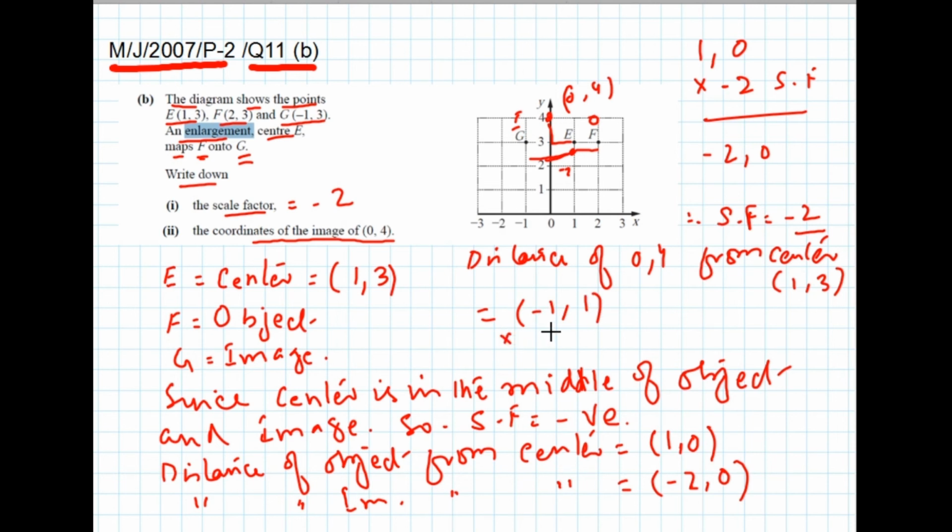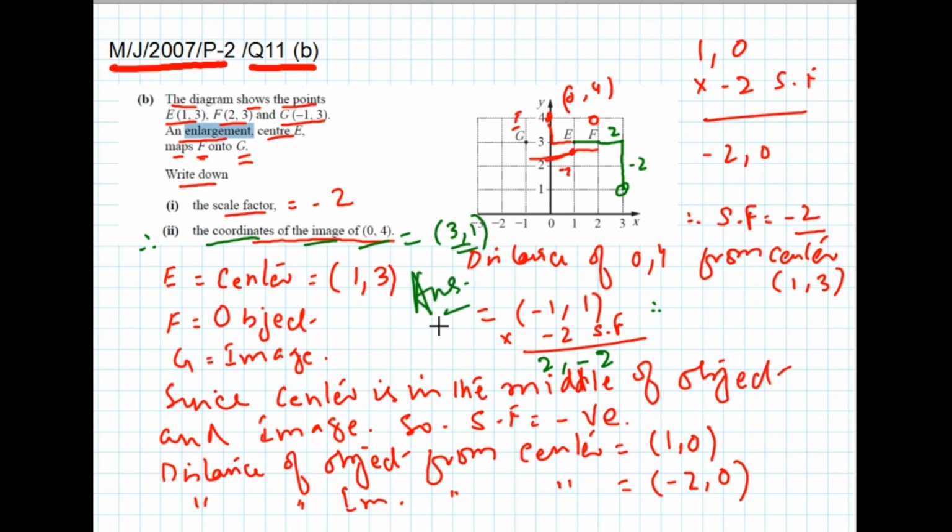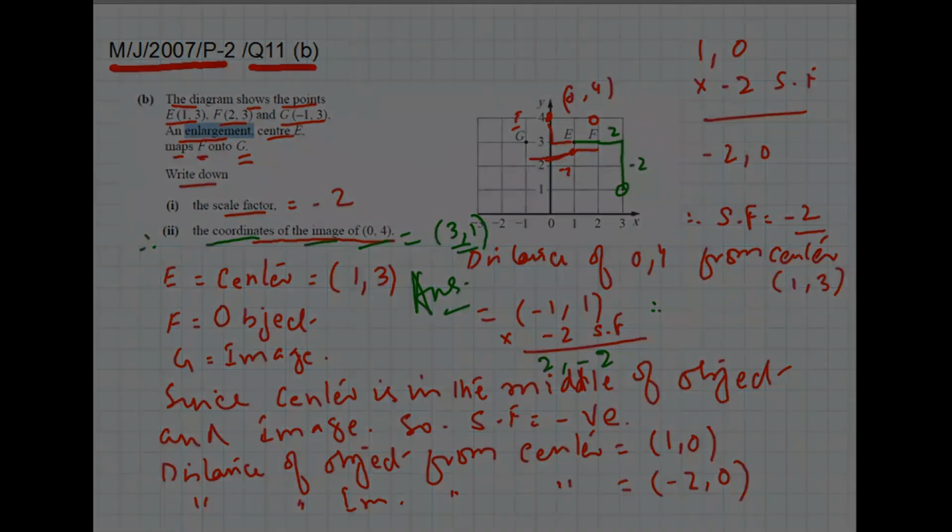After multiplying the scale factor minus 2, we get the distance of image from center of enlargement, that is 2, minus 2 as shown in the diagram. So the actual required coordinates from origin (0, 0) are 3, 1. So this is our answer.